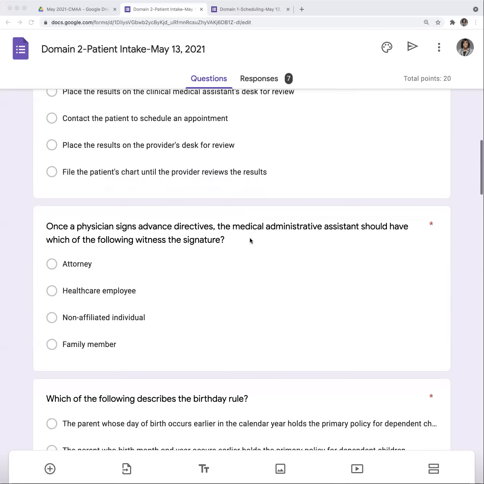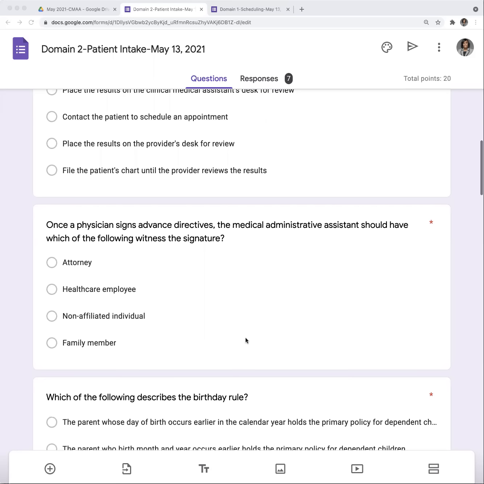Once a physician signs advanced directives, who should witness it? Family member? I want to say a non-affiliated individual. You don't want anybody that's got some ties to the situation.